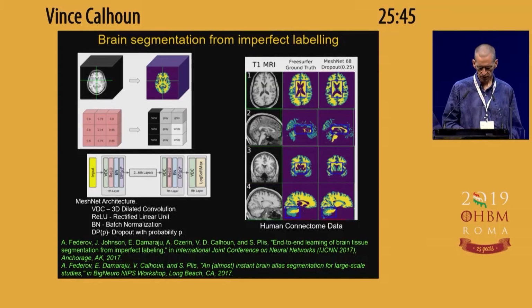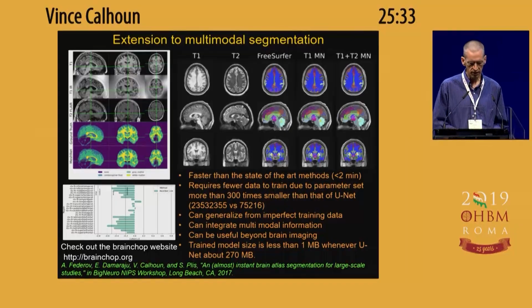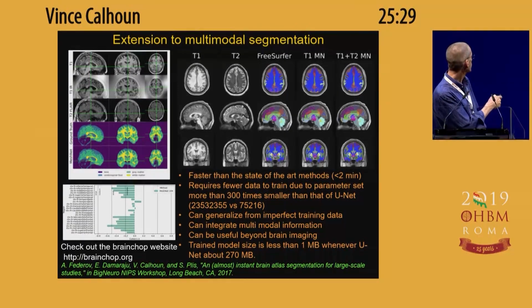The nice thing about this is you don't need a ton of data because it's using the samples, or the voxels, in the image, so you can train this on 20, 30 images and get reasonable performance. We can also do this across multiple surface-based ROIs and with multimodal data.